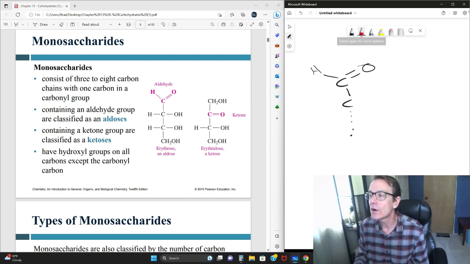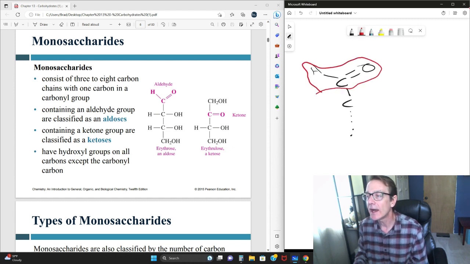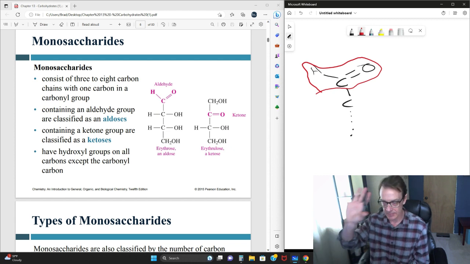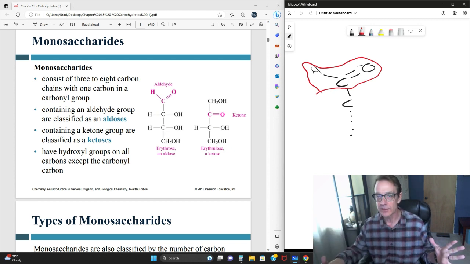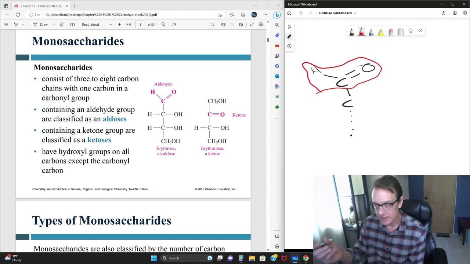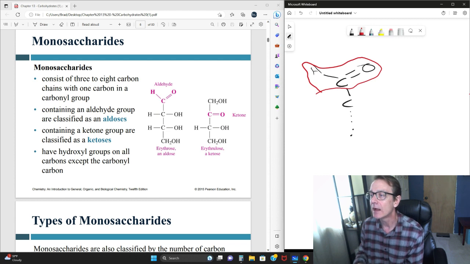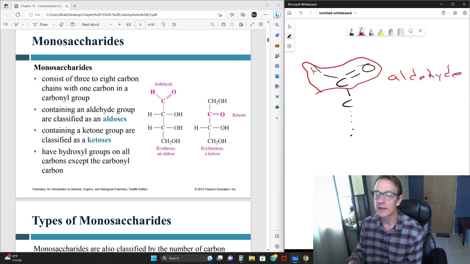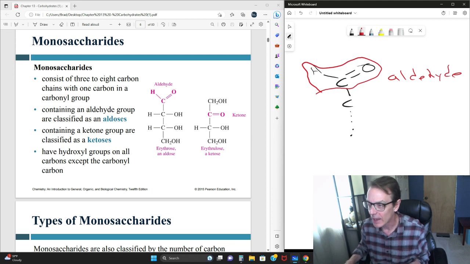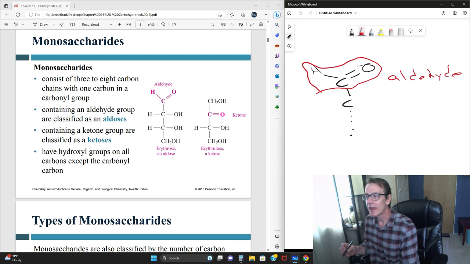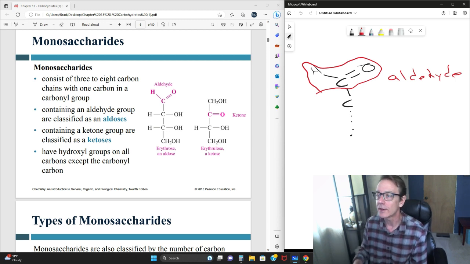So what you're looking for with an aldehyde is a carbon to oxygen double bond and hydrogen at the terminal end, at the end of any carbohydrate. It doesn't have to be a monosaccharide, but in this case, it's a monosaccharide. So that is an aldehyde. They're important chemically for reasons that you won't really have to know unless you take organic chemistry a little deeper.